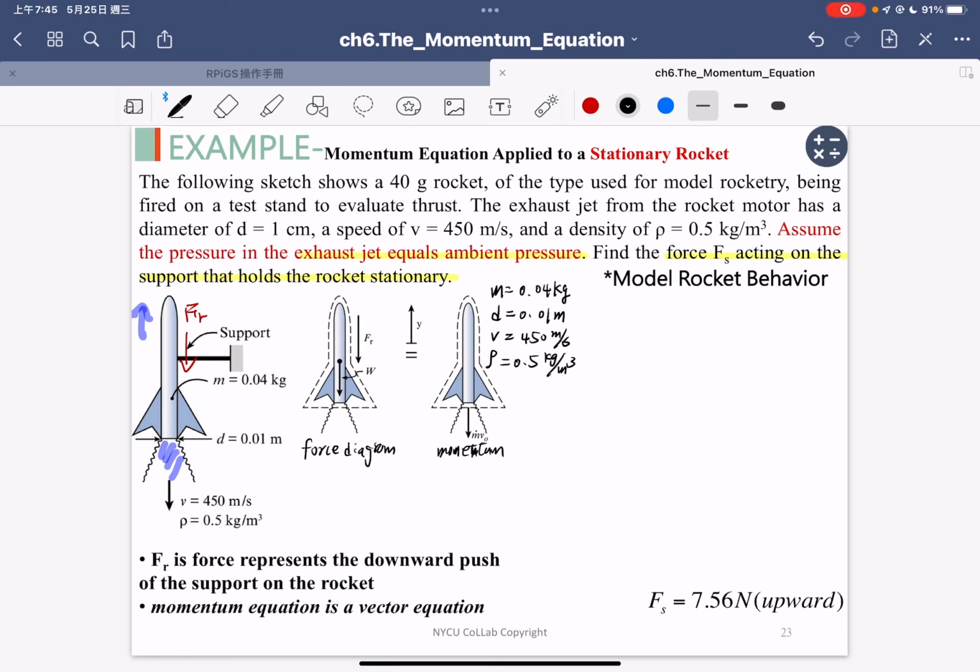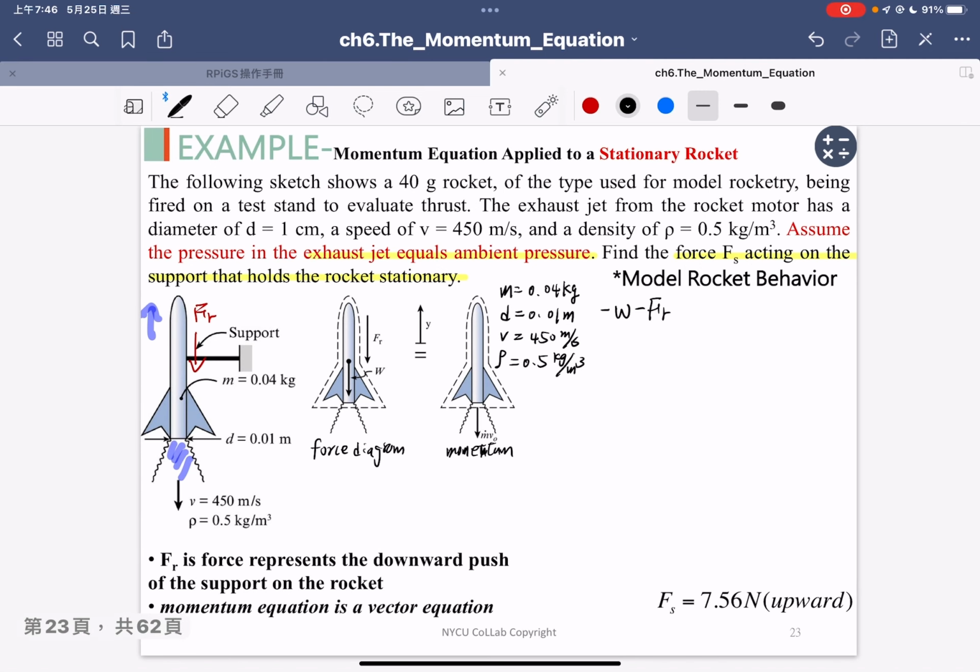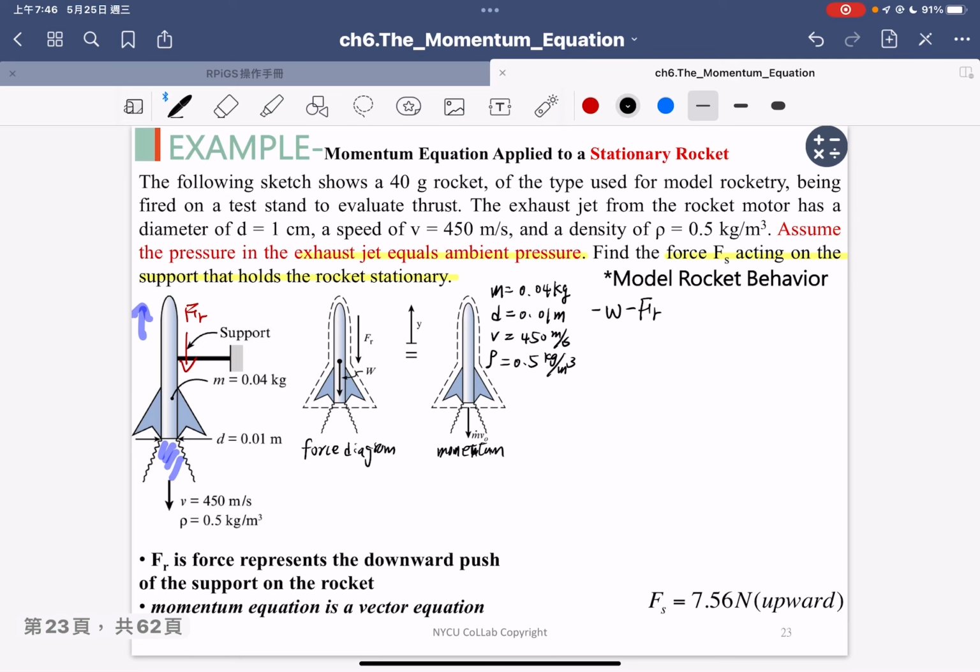We have the force related to the weight, and the weight is downward, so we use minus W and minus Fr acting on the control volume, right? And that will equal the mass flow out, but the velocity v is downward, so we use the minus mass rate multiplied by the velocity.